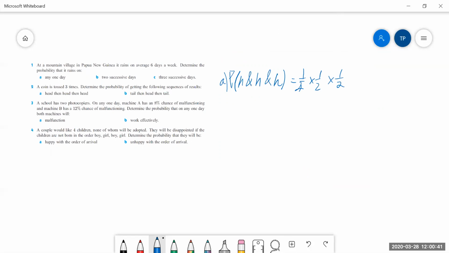And probability of getting a tail and head and tail will be half times half times half. Exactly, it's the same thing, because we are assuming that every flip is independent. Understand? Okay.